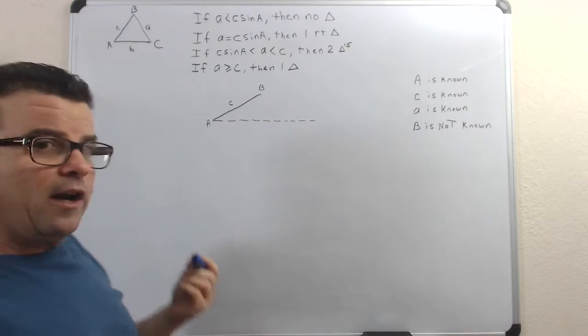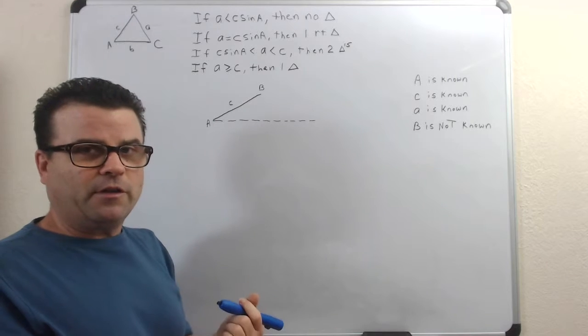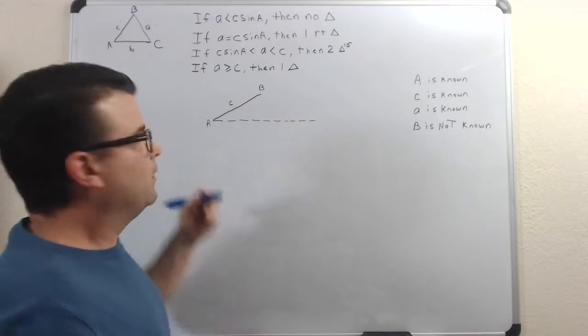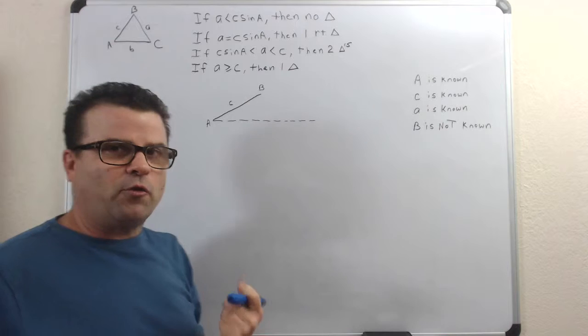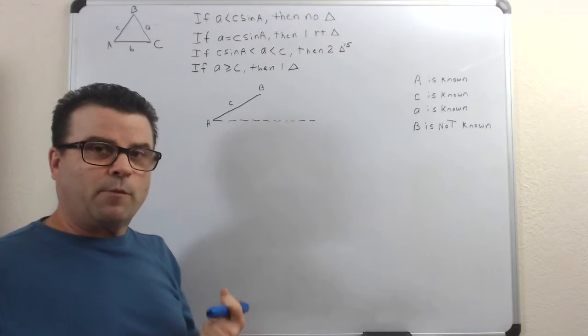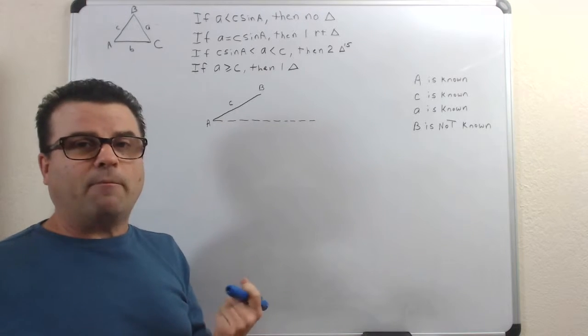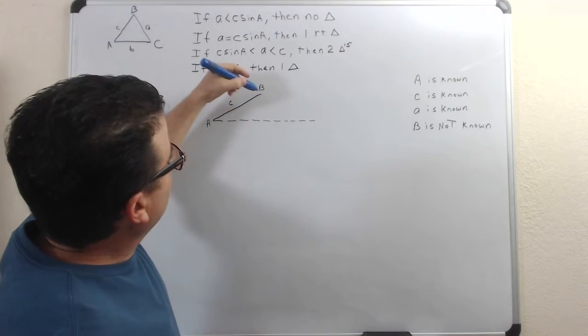So what it boils down to is it would be the altitude of that triangle. And we know that the shortest segment between a point and a line is the segment perpendicular to the line going through that point. So I'm going to draw that in.